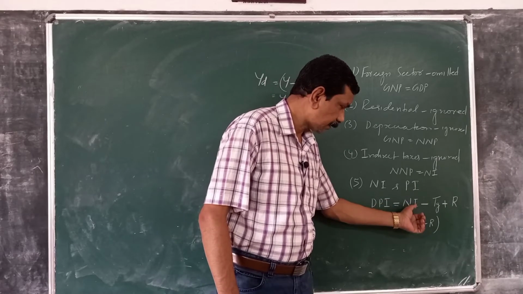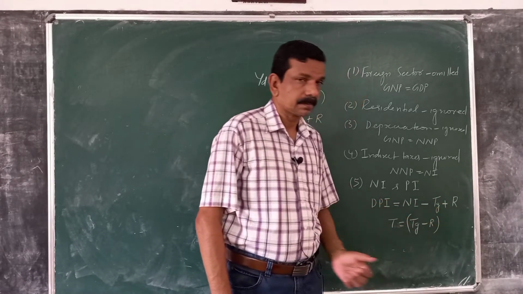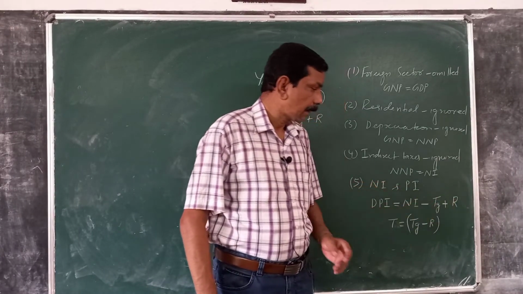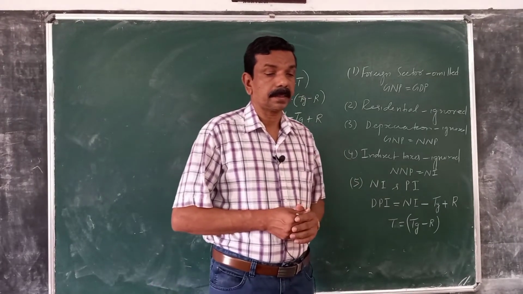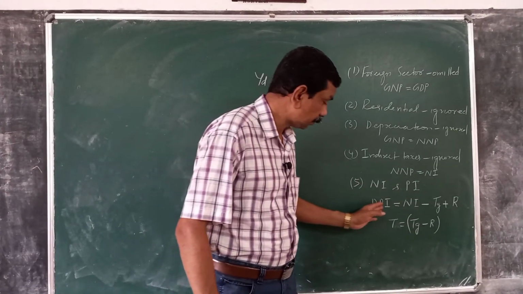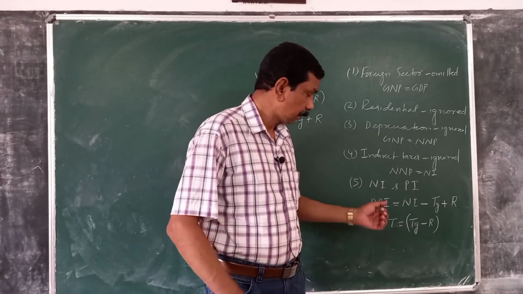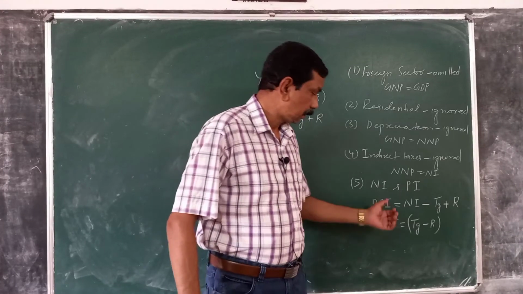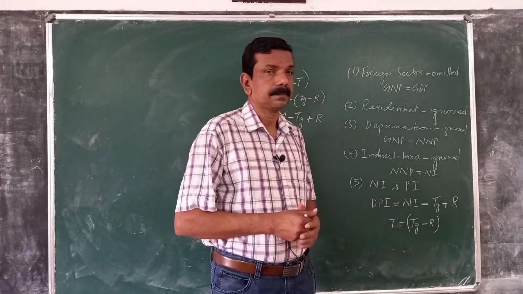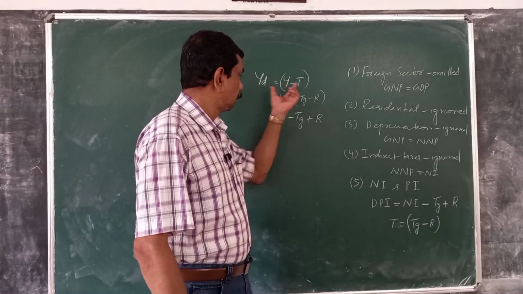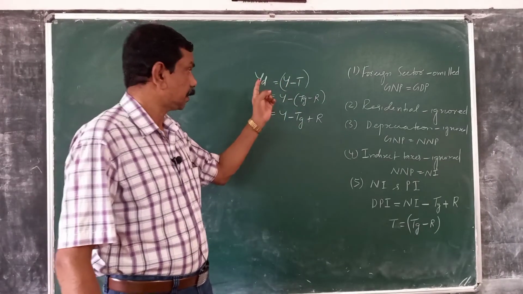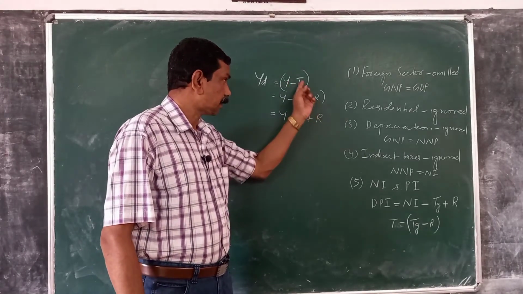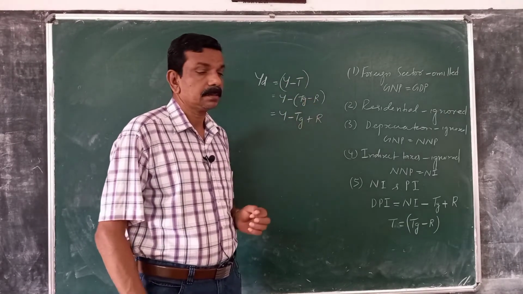If you subtract from national income the gross tax payments, and if you add transfer payments, you will get disposable personal income. Disposable personal income is written using the notation Y minus T, and T is net tax consisting of gross tax minus transfer payments.